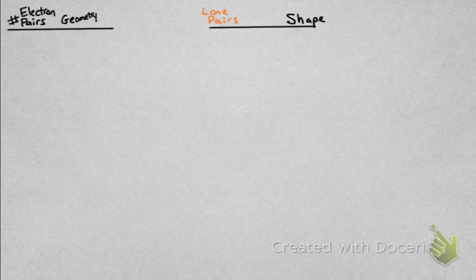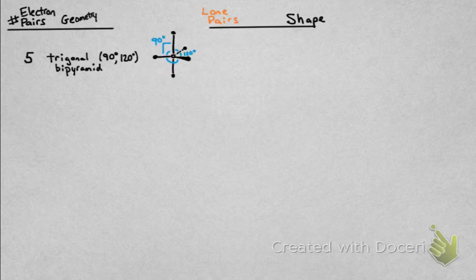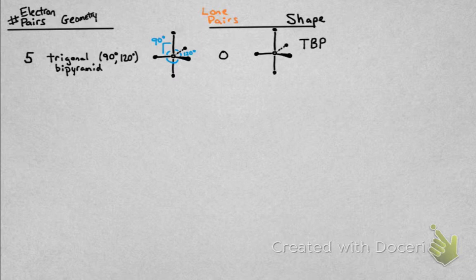Let's move on to trigonal bipyramid. This one's a little tougher because there's a lot more variation depending on the number of lone pairs, and we can have more lone pairs around the central atom in this case. If there's 0 lone pairs, then the shape matches the arrangement of the electrons.